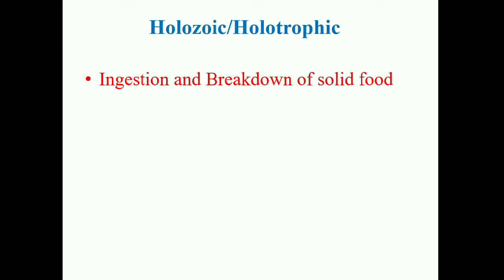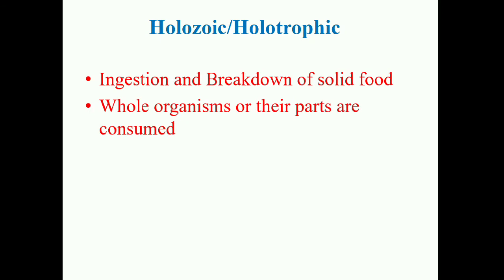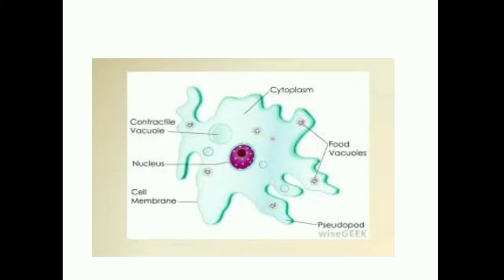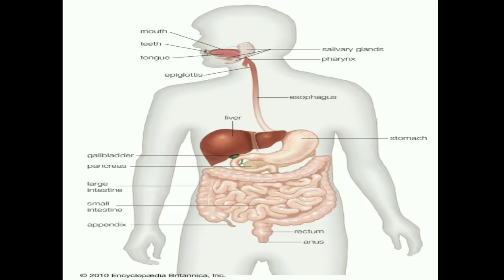And since they are breaking the solid food, they are releasing enzymes inside their bodies. With the help of enzymes, they either consume whole organisms or their parts. If I say examples, all free living animals, whether it is amoeba, which is unicellular, hydra or even man, these all are holozoic or holotrophic animals.